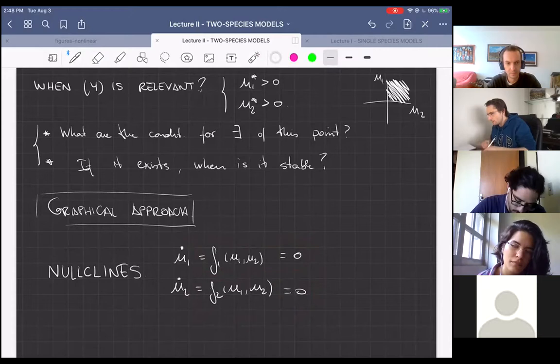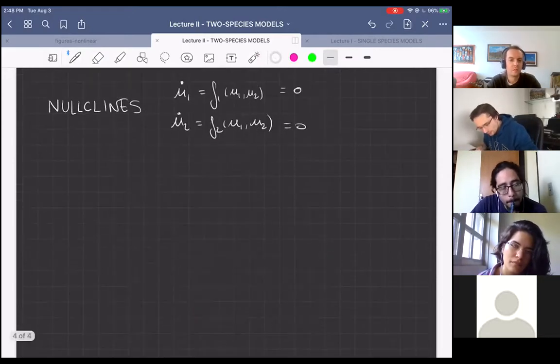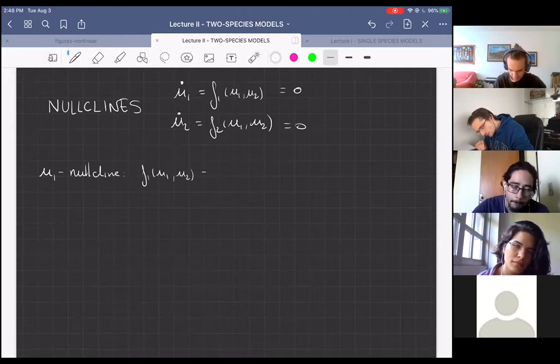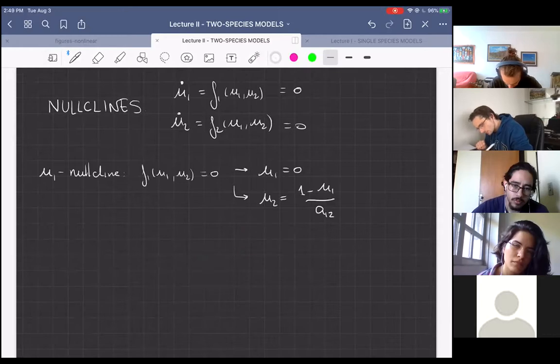So let's calculate them very quickly for our system. First we are going to calculate the U1 null line. That basically comes from doing F1 equal to 0, and you will see that we are going to have 2 null lines. The first one is U1 equal to 0, and the second one, as I said, is a straight line, U2 equal to 1 minus U1 over A12.